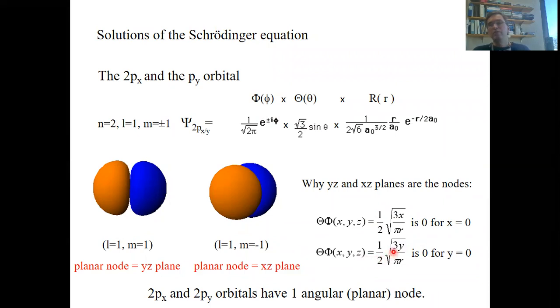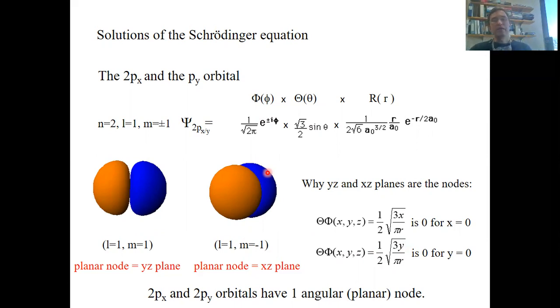Similarly, for the 2py orbital, this product is 0 for y equal to 0, and y is equal to 0 in the xz plane. For that reason, the xz plane defines the planar node within the 2py orbital. In front of the xz plane, the orbital must have a different algebraic sign than behind the xz plane, and within the xz plane, the amplitude of the wave function becomes 0.